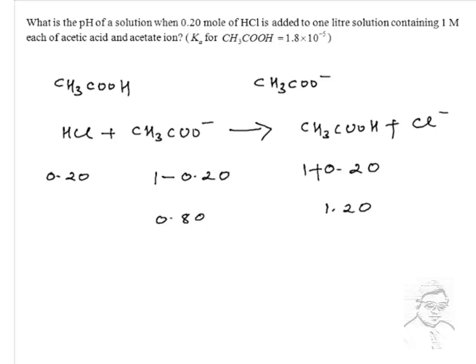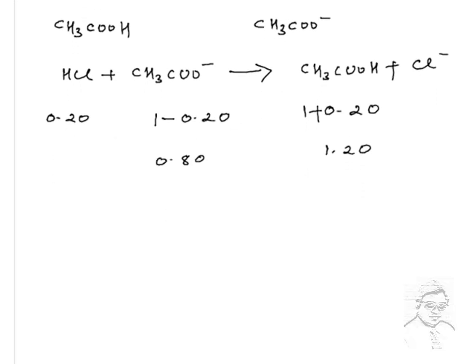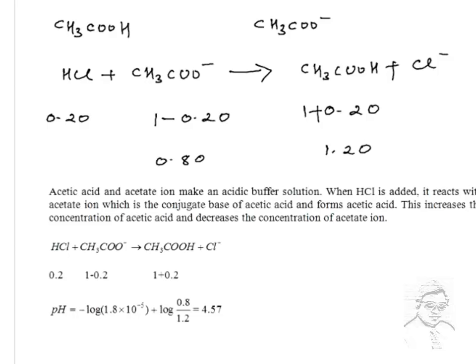Okay? And now you can calculate the pH using the standard Henderson's equation, pH equal to pK plus log of anion divided by acid. So I am putting up the working on the board. So there you are.